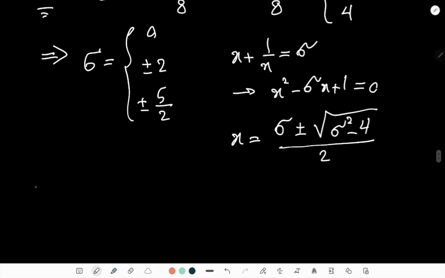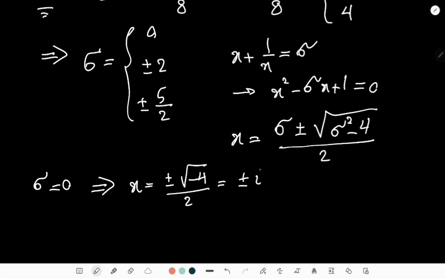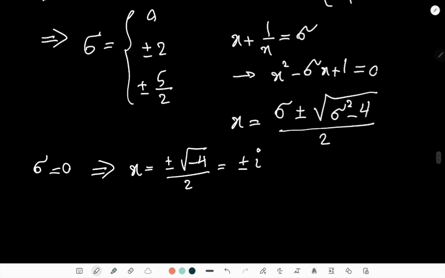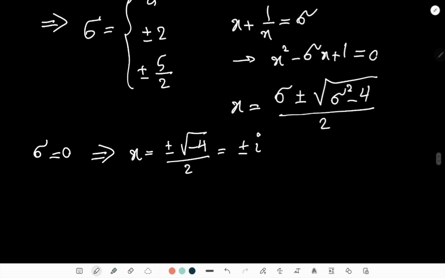So if sigma equals 0, then I get x equals plus minus the square root of minus 4 over 2, which gives me plus minus i, the imaginary number. Obviously, for every sigma I am supposed to get 2 values for x. Please pay attention to that. If I put sigma equal to 2, then I get x equals 2 plus minus 0 over 2, which is 1.